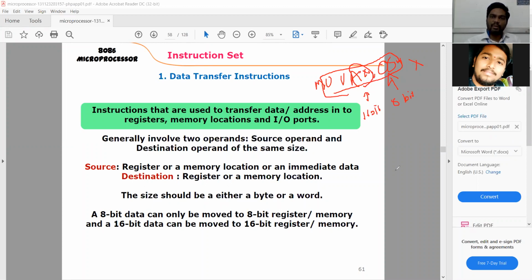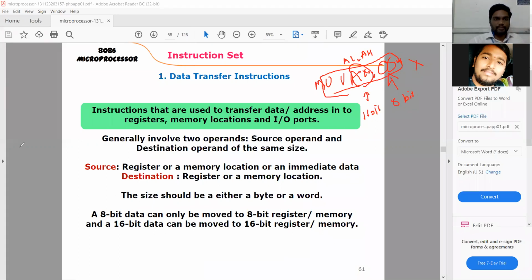In place of AX, what should be used? We should use either AL or AH, which will carry only 8 bits. The source size decides the destination size, and both operands, source and destination, should have the same size.